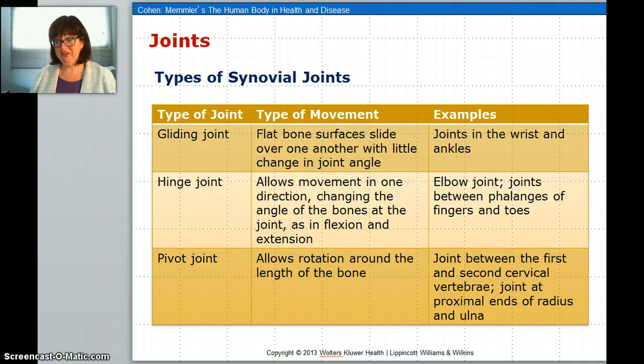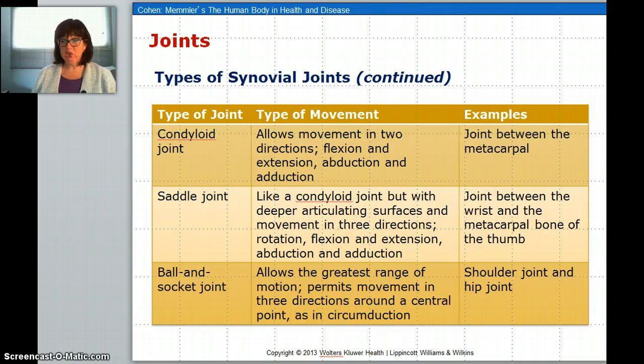Then you have a pivot joint, an example is your neck because they rotate, and also an example is your wrist because the proximal ends of the radius and the ulna will rotate over each other. A condyle joint is between the metacarpals, right here.